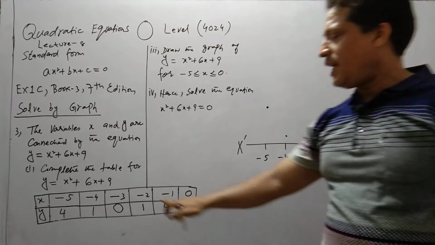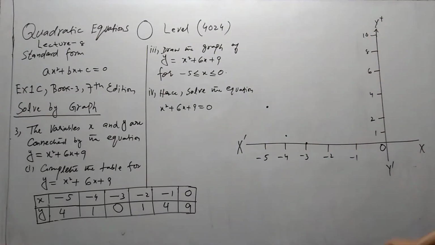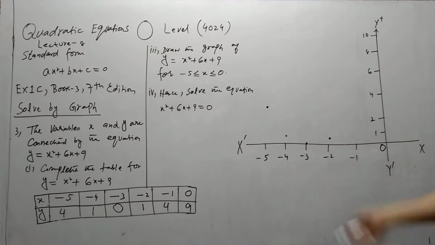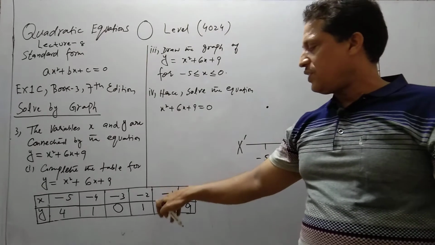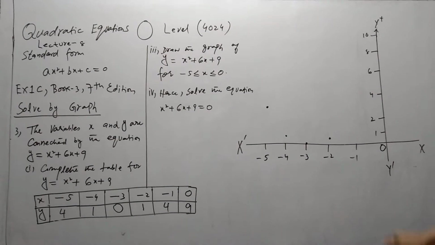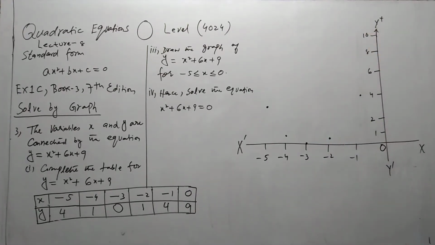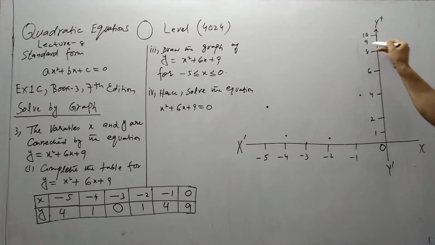The fourth one is x minus 2, y 1. This is your point. Next, minus 1 and 4. And the last one is x 0, y 9. What I told you, on the y-axis the value of x is 0. So if this one is 9, directly you have to put it here.